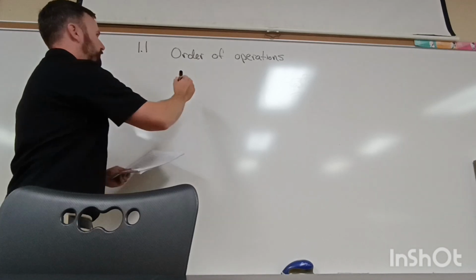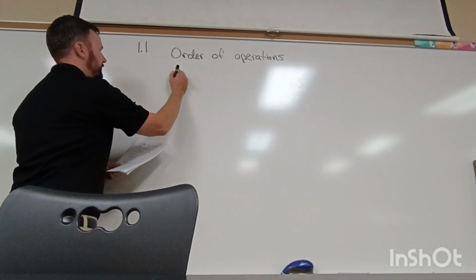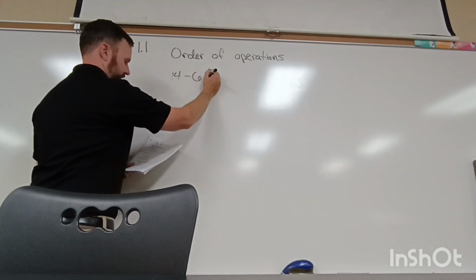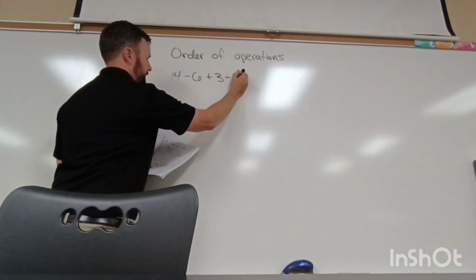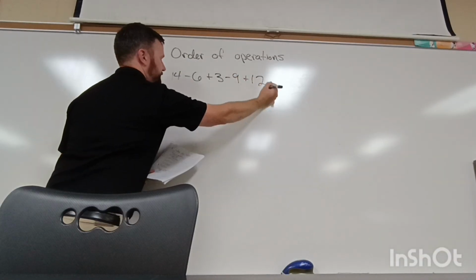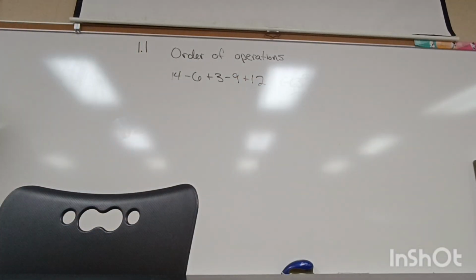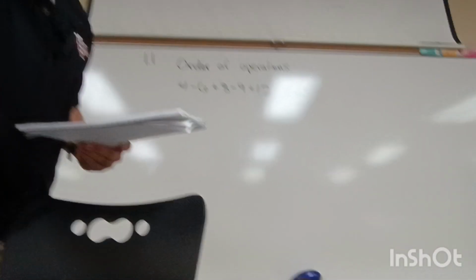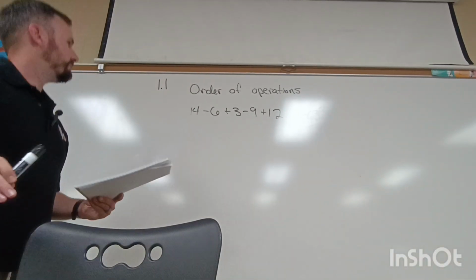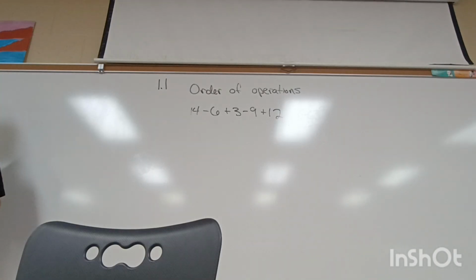All right, I'm going to do one more example. What if I do this? All right, how many actual different operations do I have on that problem? One, because what's subtraction but adding a negative?